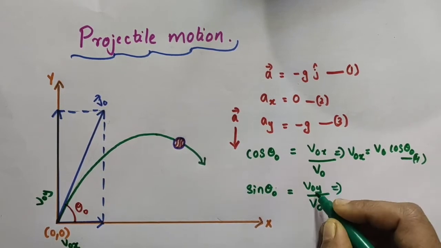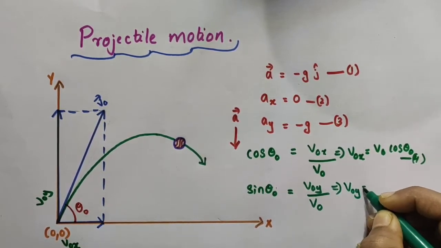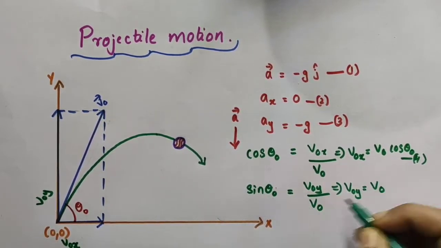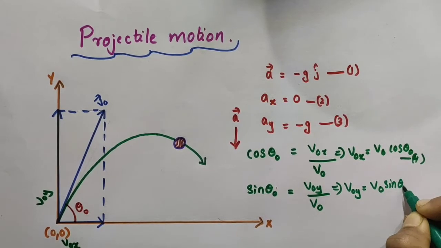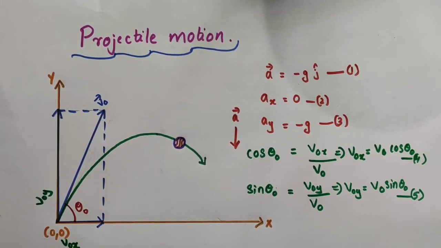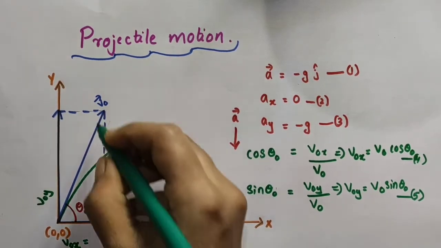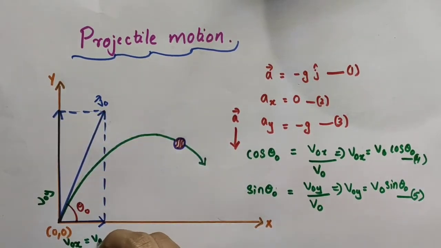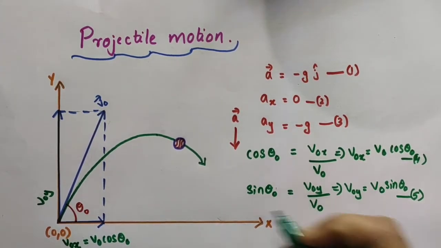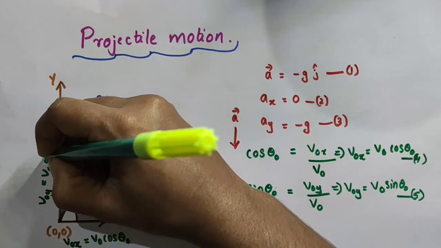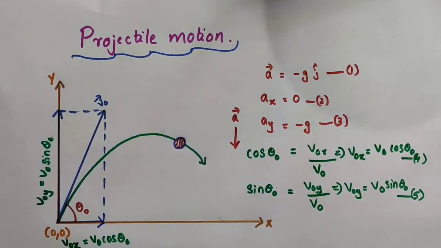From that we can write the y component of initial velocity v0y as v0 into sin theta 0, and I am taking this as equation number 5. So we can write the x component of initial velocity as v0 cos theta 0, and the y component of initial velocity as v0 sin theta 0.